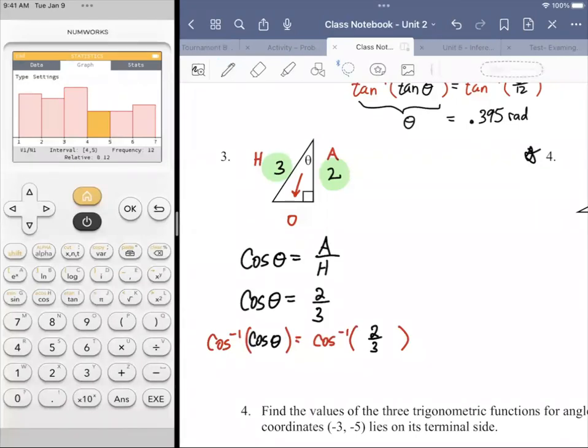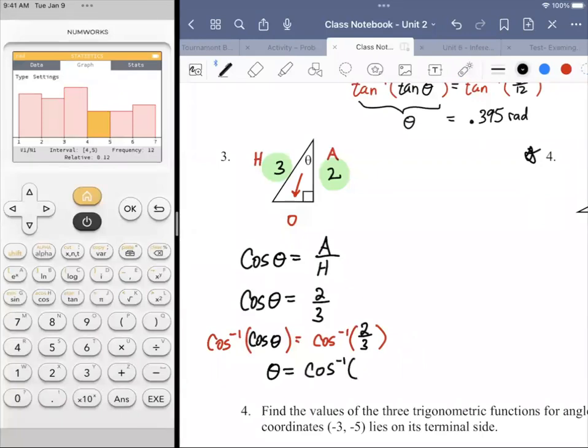Kind of overdid it with the size of my second set of parentheses here. But the reason we do this is kind of like how we take the log of both sides of an equation. Same idea. I want to release the theta. The inverse of a function cancels to the argument, in this case, the theta. So theta is going to be equal to inverse cosine of 2/3.